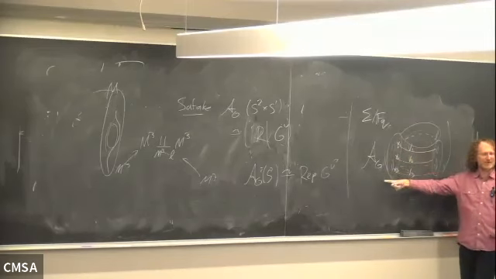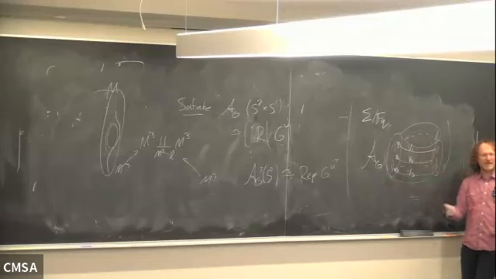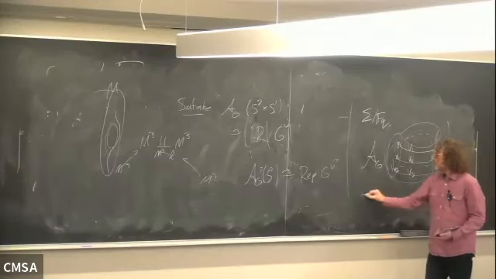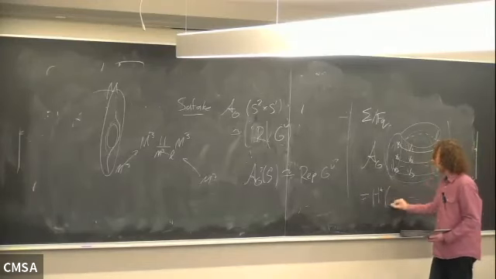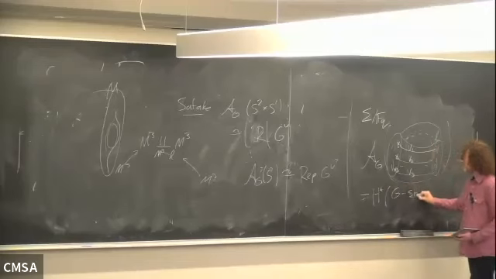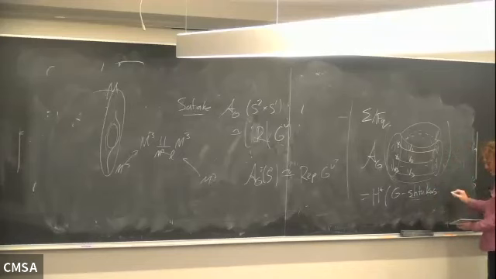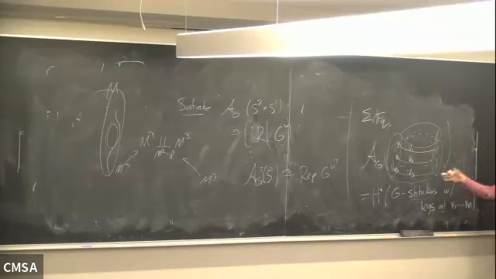So if you don't know what Stukas with legs are, that's what they are. It's the cohomology of the space of G-Stukas with legs at these points, x1 up to xn. That's a name for these singularities.